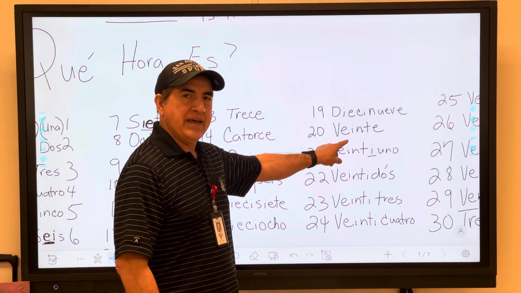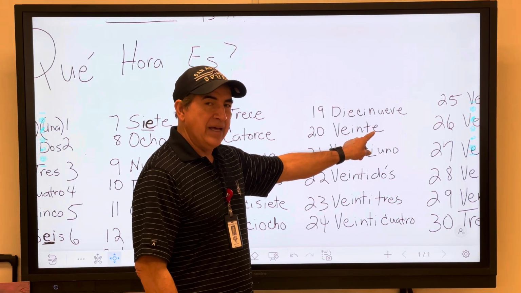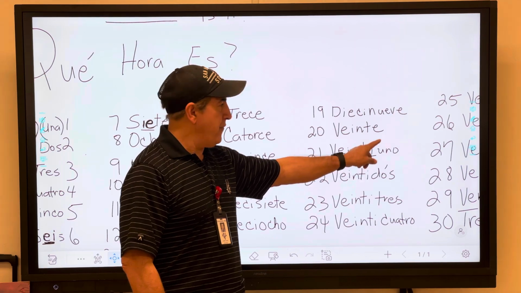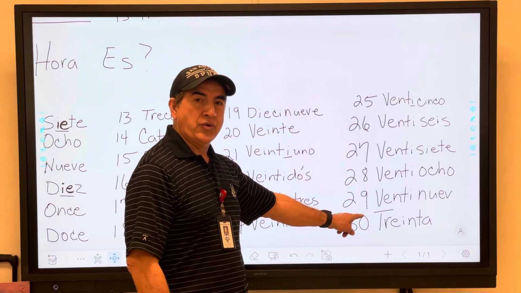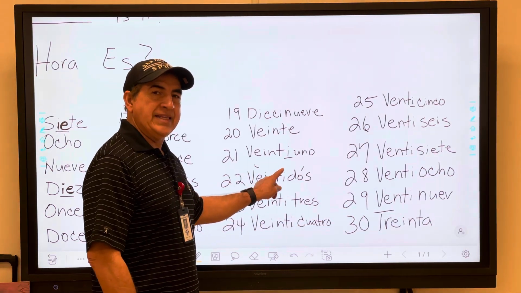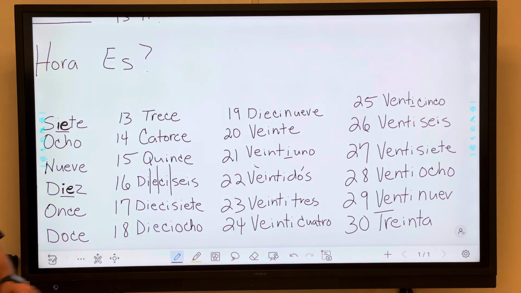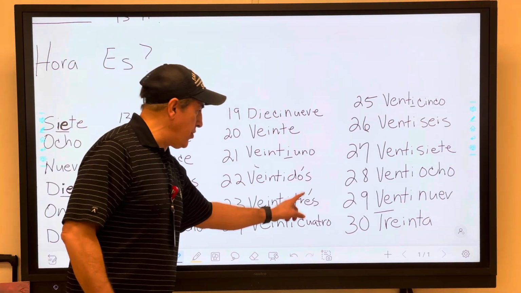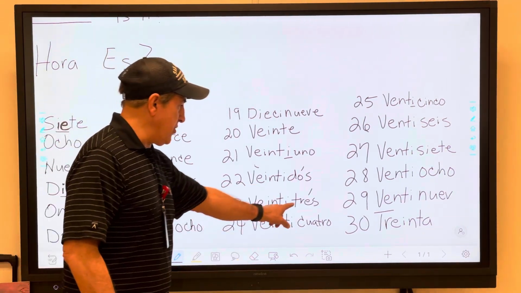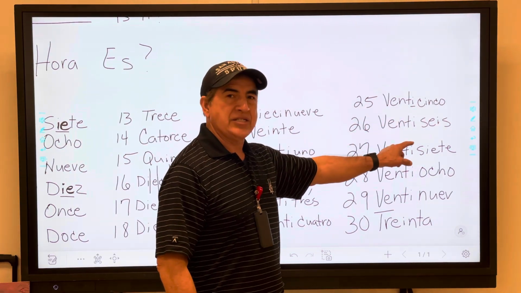20. This E, it's just 20, changes to an I for 21 through 29. So we say 21, 22, 23. 22 has an accent on the O. 23 has an accent on the E. 24, 25, 26.